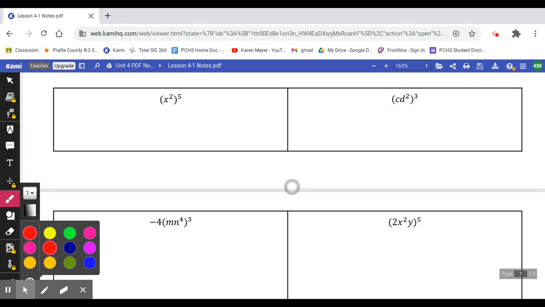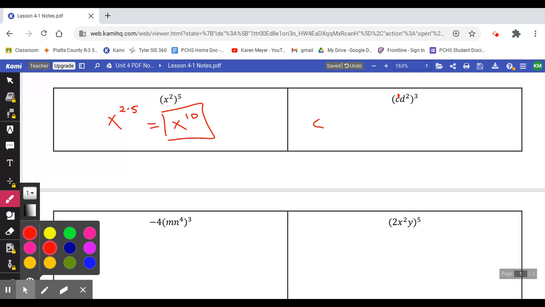So for this one, I got a 2 inside the parentheses, a 5 outside the parentheses. So I would take 2 times 5, which would give me x to the 10th power. Now, on the second parentheses, the c doesn't have an exponent, so don't forget to put the magic little 1 there.